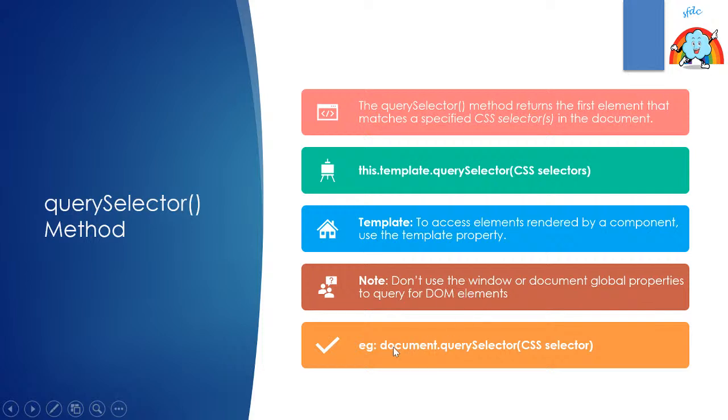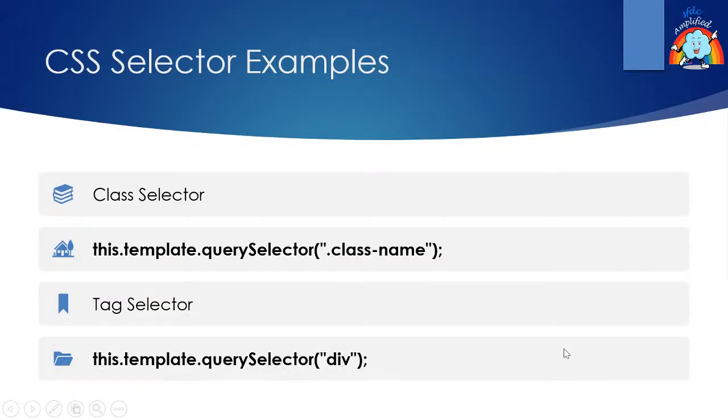So you don't have to use something like document.querySelector. Instead, you will put this dot template dot query selector and then the CSS selector. There is class selector and also the tag selector. When we are talking about the class selector, you will put the dot and the class name, and when you are using the tag selector, you will put div. That's how it works.